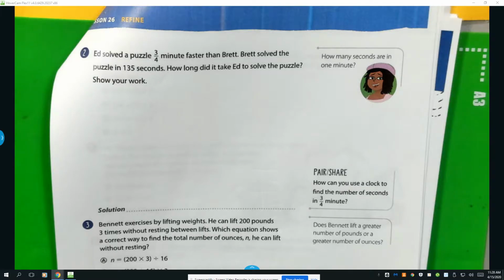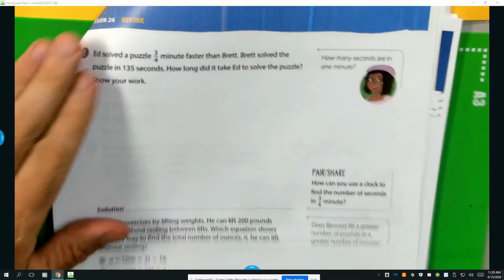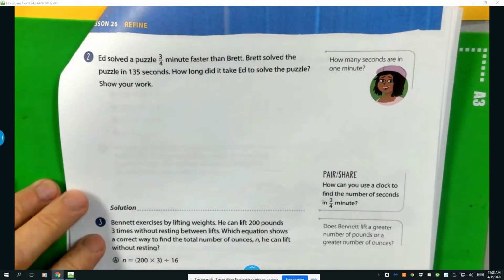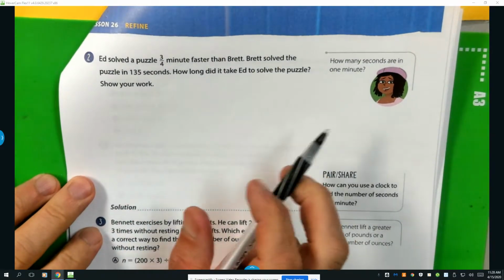Ed solved a puzzle 3/4 of a minute faster than Brett. Brett solved the puzzle in 135 seconds. How long did it take Ed to solve the puzzle? Show your work. Okay, so first of all, I always go back to tables when I'm dealing with these conversions.